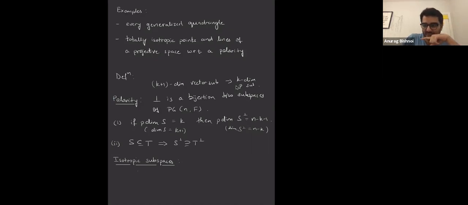If your subspace S, say a point of the projective space, is inside, let's say, a line, then the perp of that point, which will be a hyperplane, in fact, would contain the perp of the line, which will be a codimension 2 subspace. And third, S perp perp equals S. So these are the three conditions.